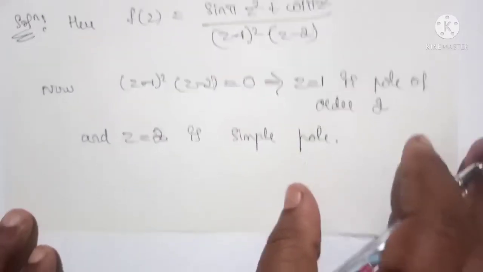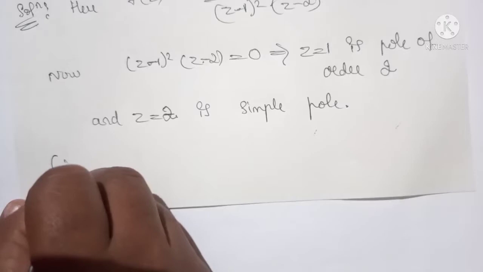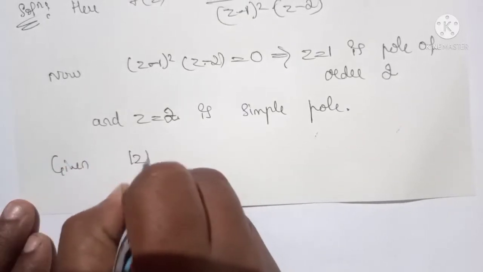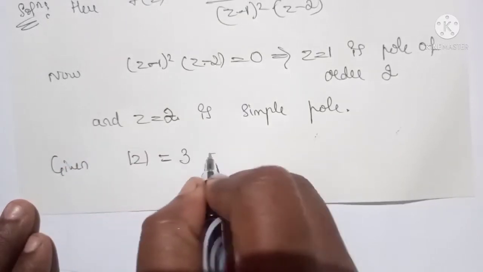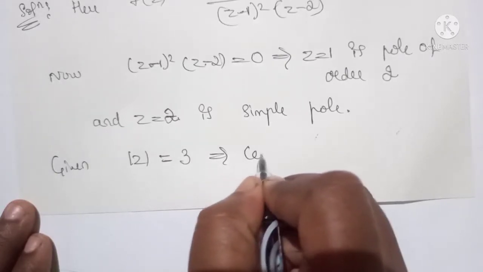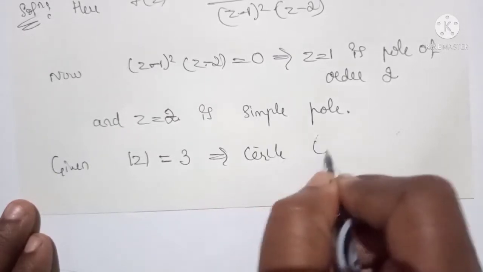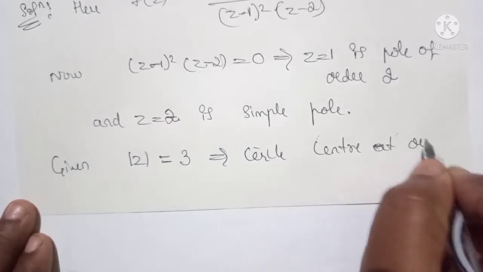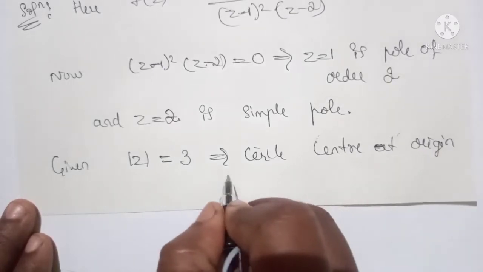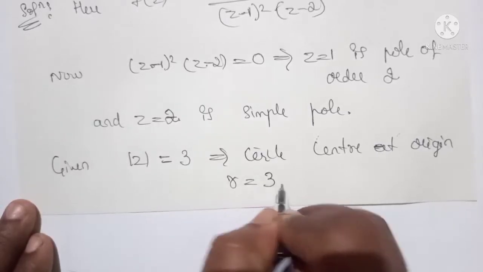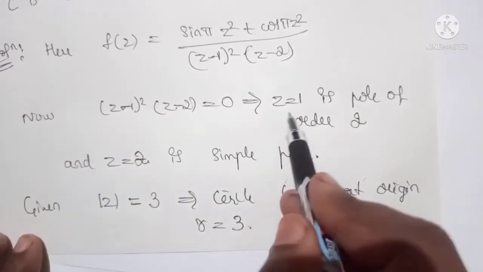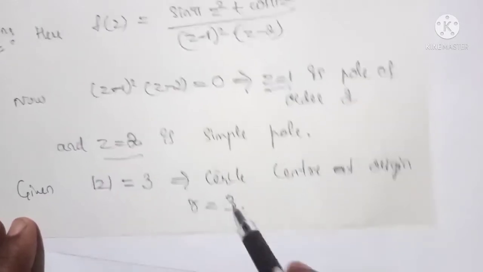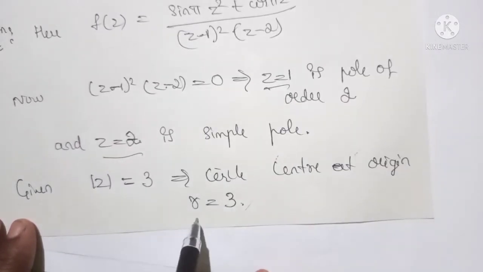Now given that mod z equals 3, it is a circle with center at origin and radius equal to 3. Therefore you can observe that z equals 1 and z equals 2 both lie inside this circle.